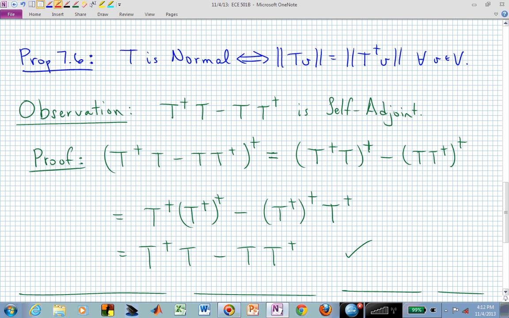Now, this fell out when we were doing T being normal in proposition 7.6, but I believe this particular result is independent. If you look at all of those steps, I haven't had to commute T with T dagger, have I? So I haven't had to worry about T being normal. So this result holds for a linear map T and its adjoint in general.